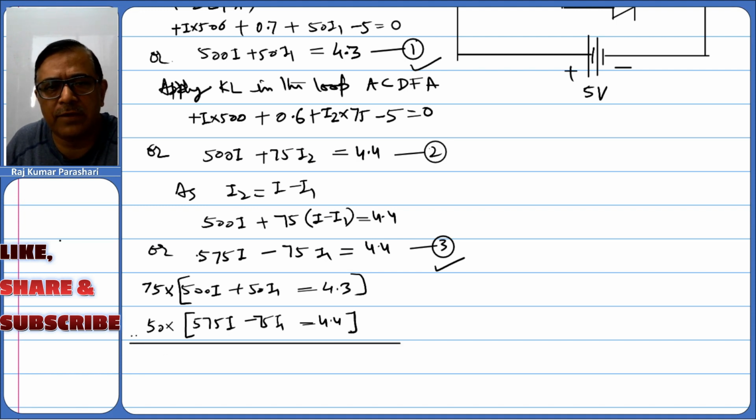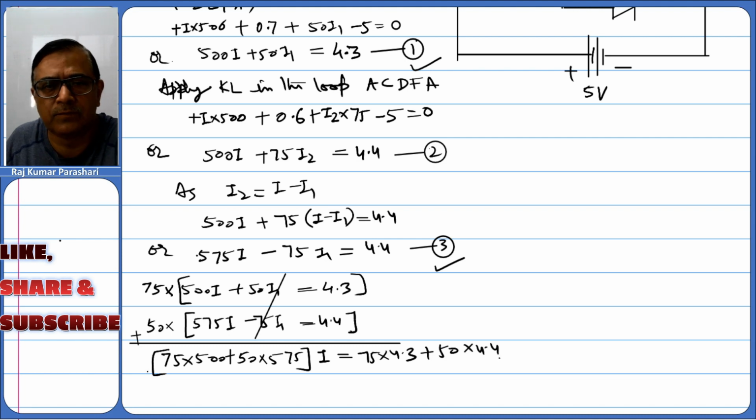Now as you add, you will see this term will cancel, and what do we have? We have 75 multiplied by 500I plus 50 times 575 I, and this equals 75 times 4.3 plus 50 times 4.4.